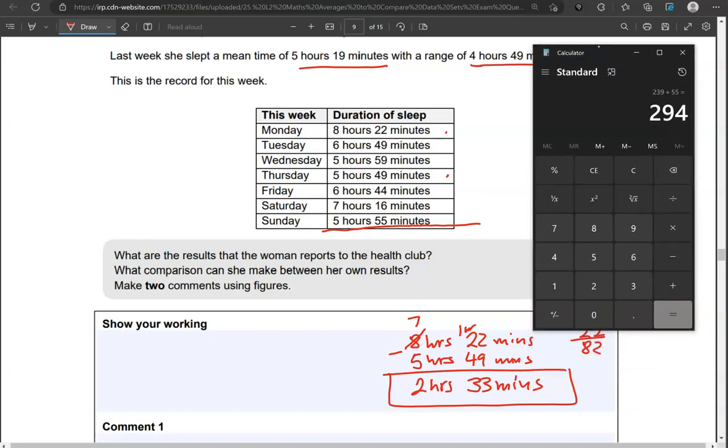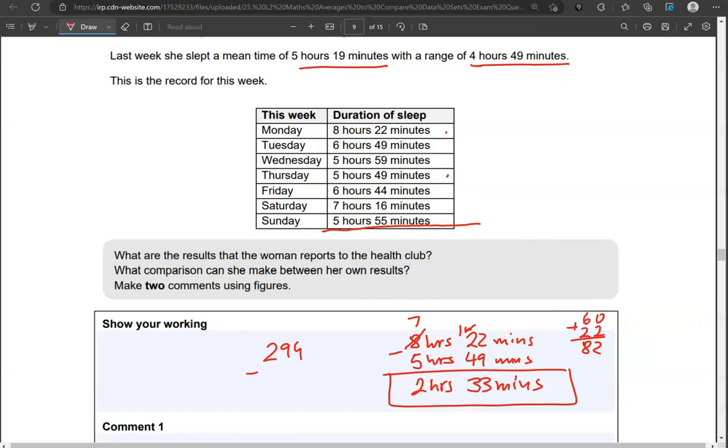Now, how many exact hours fit in there? There are 60 minutes in 1 hour, so 60, 120, 180, 240, next one is 300. So 240 is where we stop. So that is 4 hours and 54 minutes.